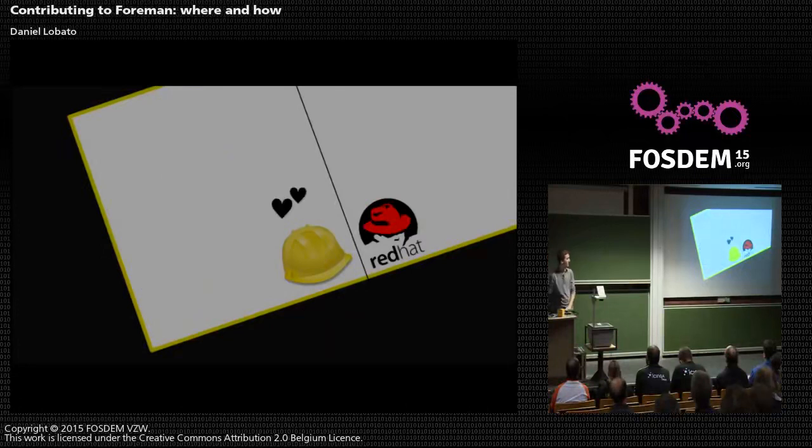Anyway, if you don't know what Foreman is, it's a lifecycle management tool. Basically, you can get an inventory of your machines, and Foreman takes care of provisioning the instance, which means booting it up if it's virtual, or discovering it if it's physical, and configuring it, normally with Puppet, but we've started to have support for Salt, and we have support for reports from Chef.